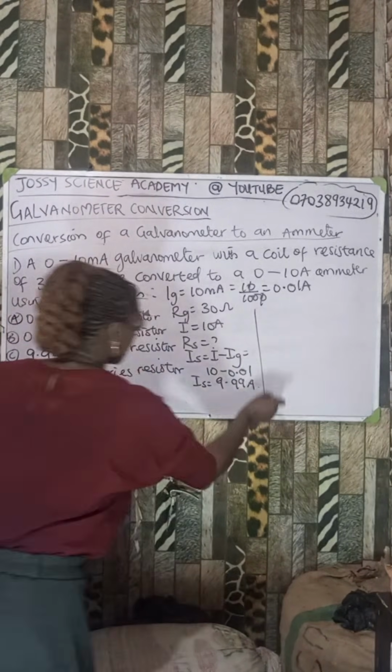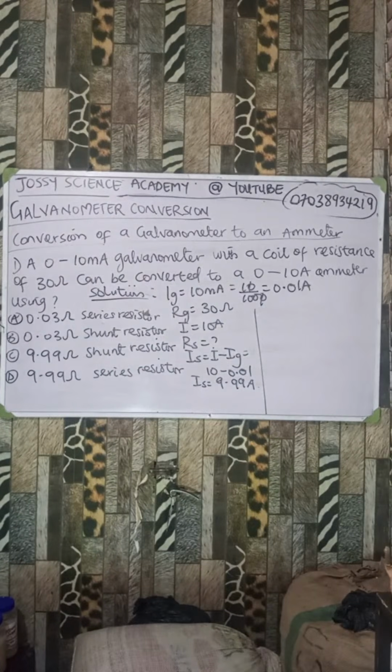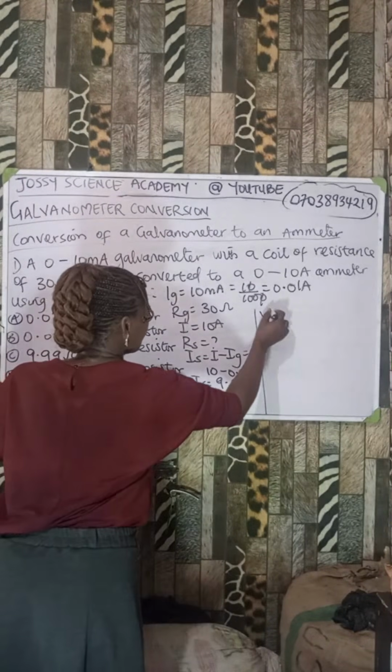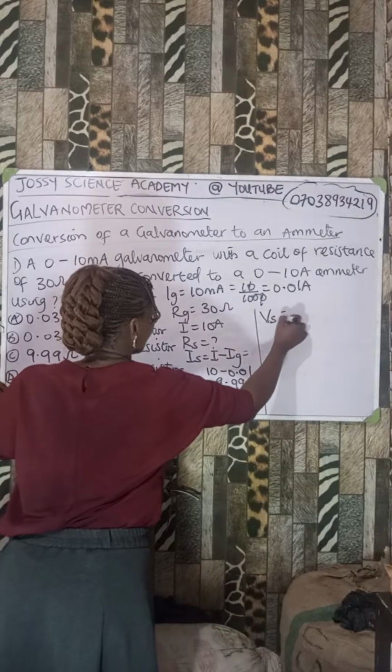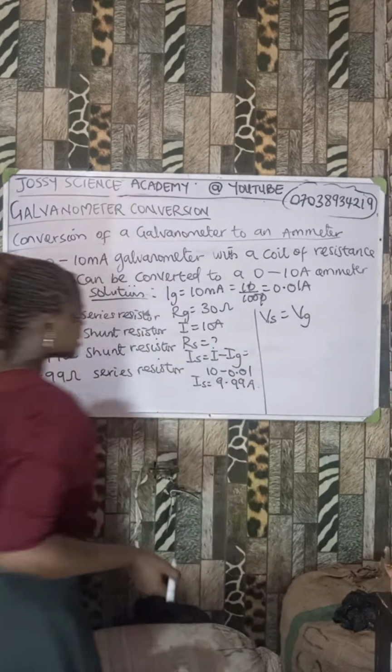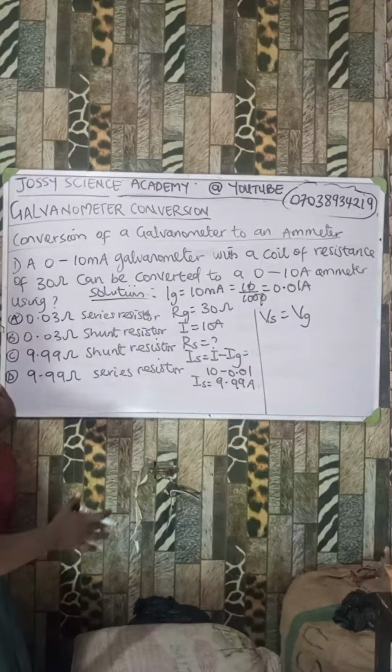So the formula for this question is PD across shunt equals PD across galvanometer. Whichever way we choose to use it, you're going to get the correct answer. What is PD? Current times resistance.